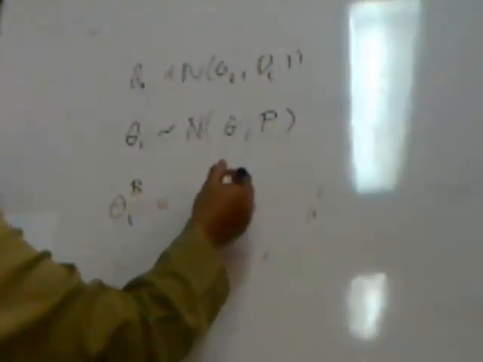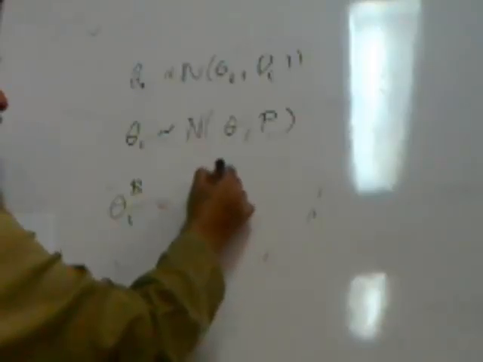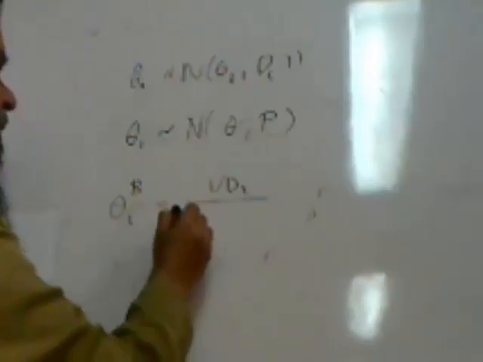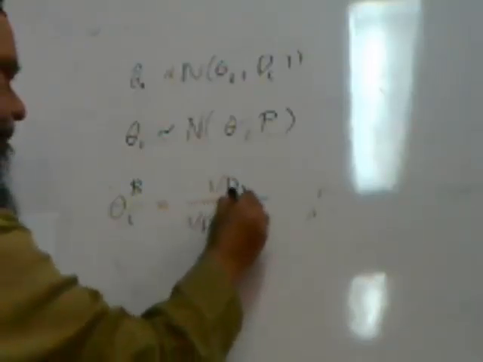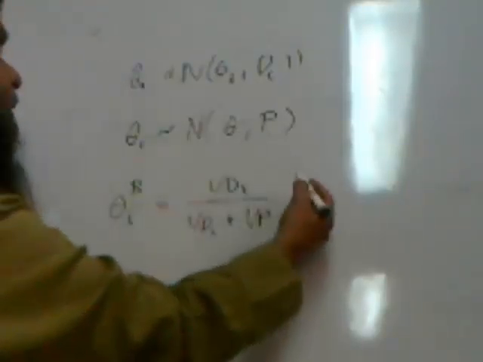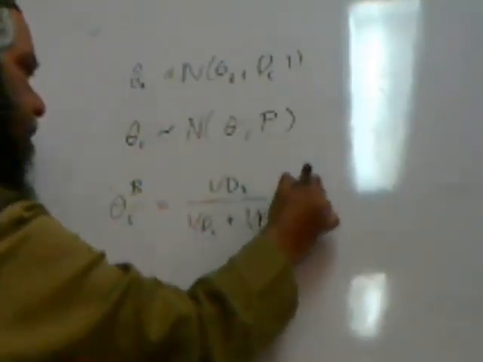Now the posterior estimator, the Bayesian estimator theta hat B, is going to be precision weighted, so it's 1 over di. This precision is going to apply to the data estimate.